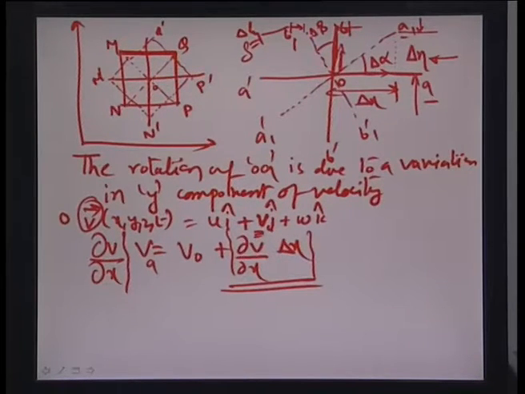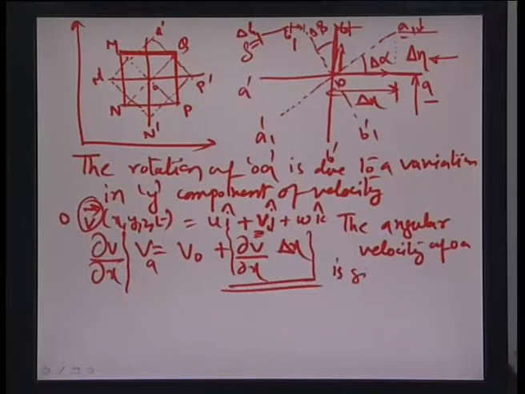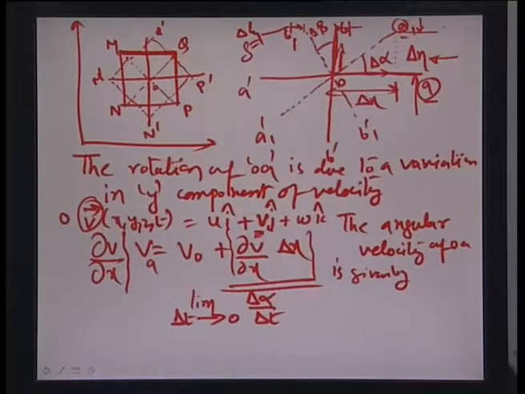So, the angular velocity of OA is really given by, as we all know, the rate of change of angle. So, limit of delta t tends to 0, delta alpha by delta t. We assume that these 2 points A and A dash are separated in time by a difference of delta t.